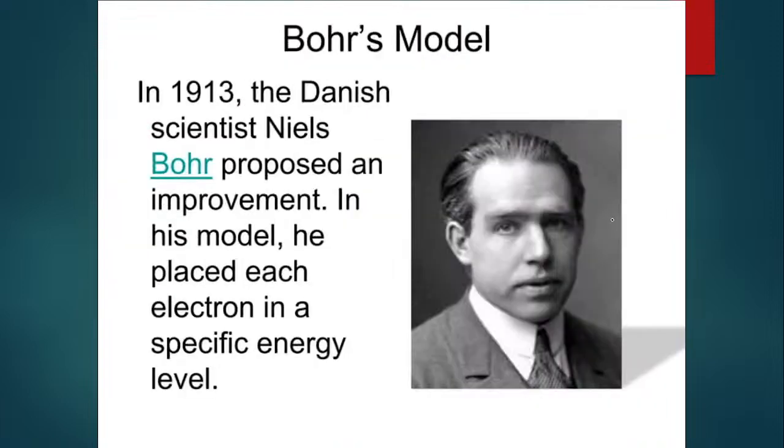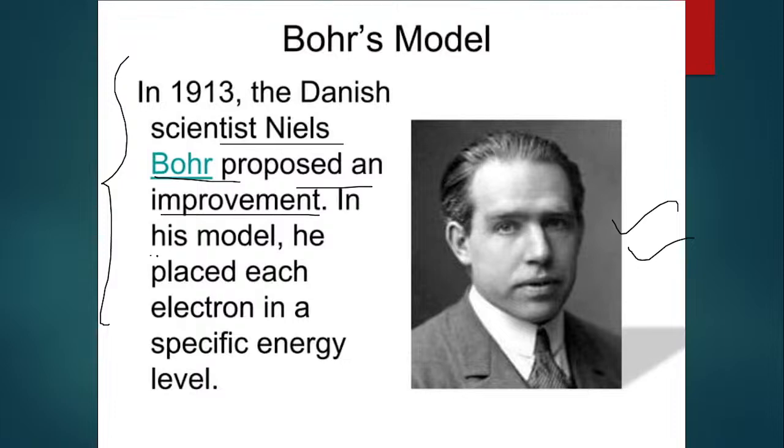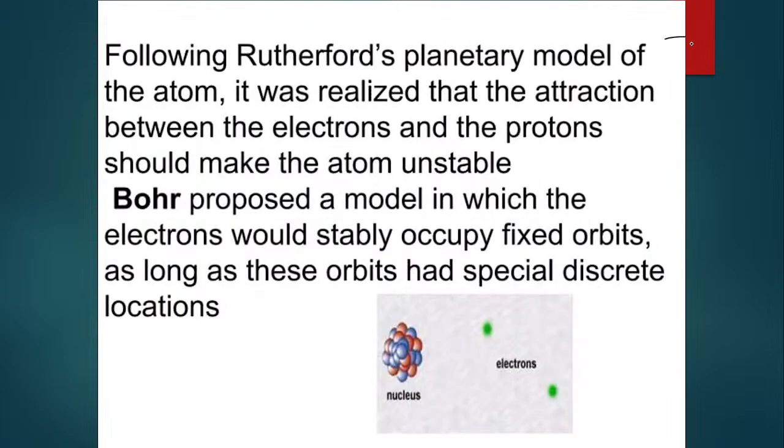Then comes our Bohr. Now he has given a very interesting model, but for that you must have knowledge of electromagnetic radiations. So in 1913 the Danish scientist Niels Bohr proposed an improvement to the model. He placed each electron in a specific energy level.